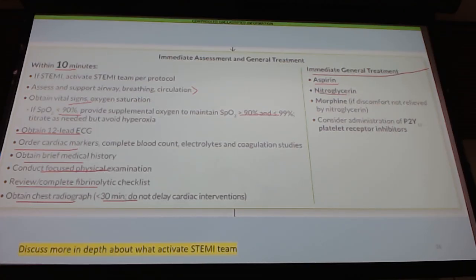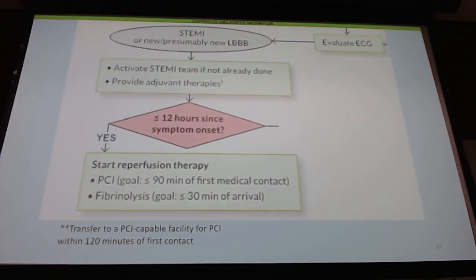They may have gotten nitro, may not. If they're still having active pain, give them nitro. Morphine if discomfort is not relieved by nitro. This is not everybody gets morphine because they're coming in with acute coronary syndromes. Only give morphine if the discomfort is not being relieved by nitro.